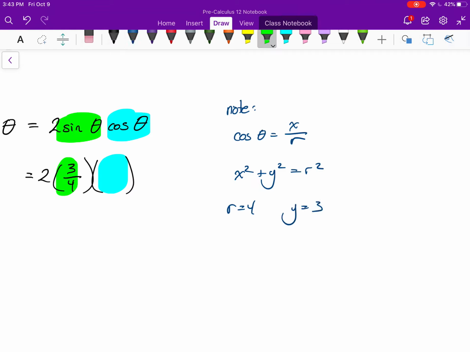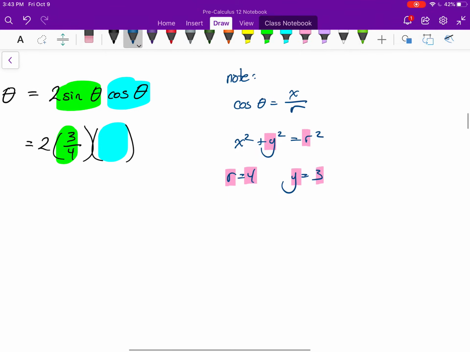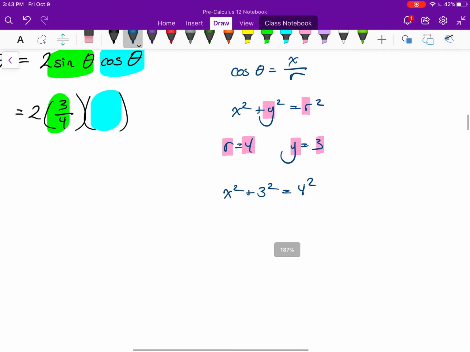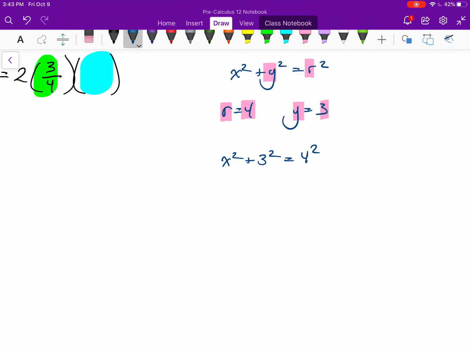I can replace them here. So I now know that x squared plus 3 squared must equal 4 squared, which means x squared must equal 7, which means x must equal plus or minus the square root of 7. Now, in this case, x is a coordinate.